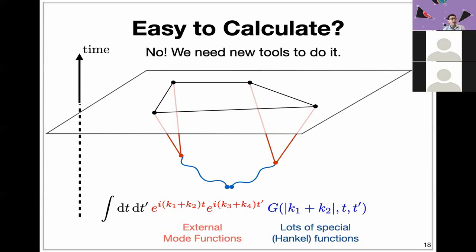In fact, it's not easy to calculate if you try to follow standard time evolution tools of perturbation theory, because these mode functions in de Sitter are complicated. You need to do some nested time integrals depending on if the times in which the two decays happen are nearby or there's a large hierarchy.